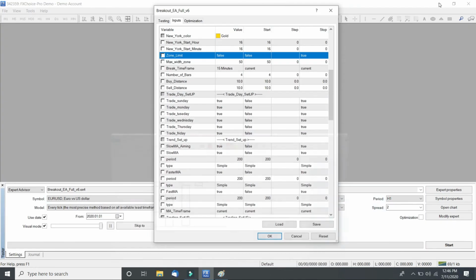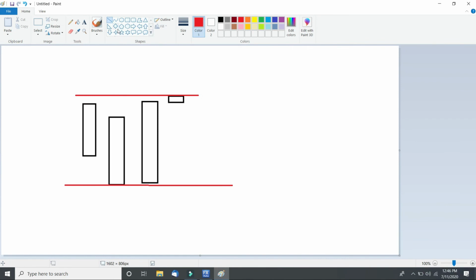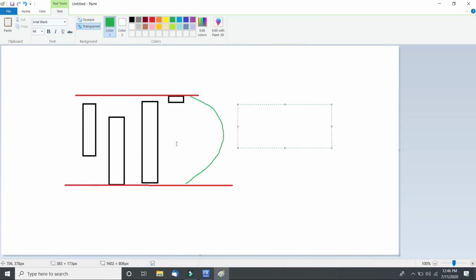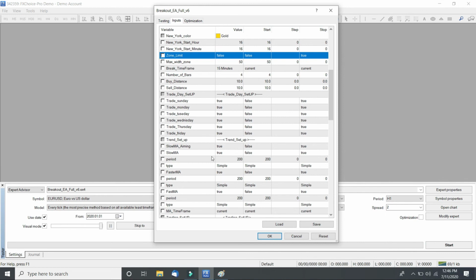So when it says zone limit, max width of the zone, what it means is we don't want this area, for example, to be more than 50 pips. So we want from here to be 50 pips. Back to the EA, I have set that up right here.